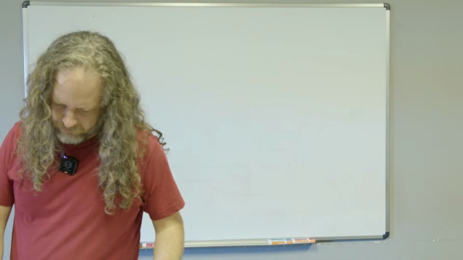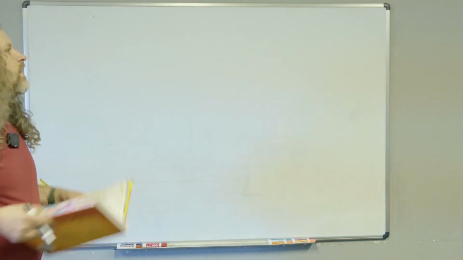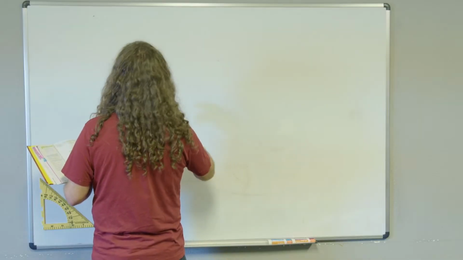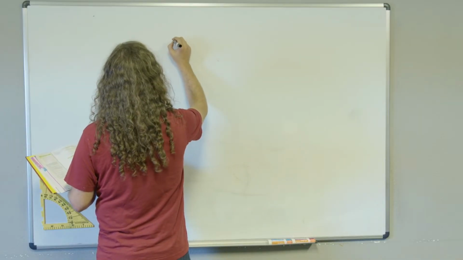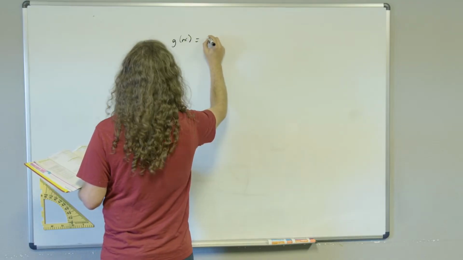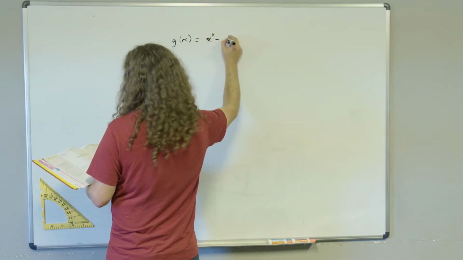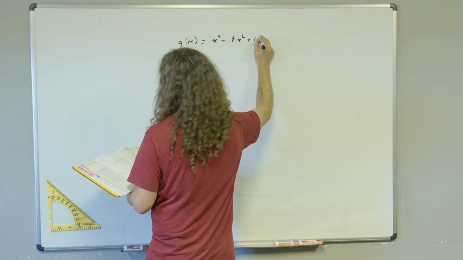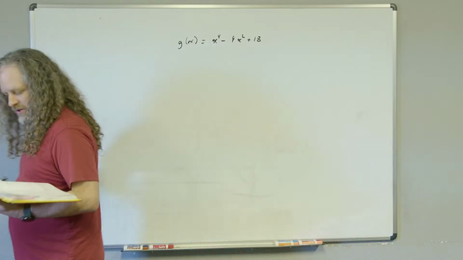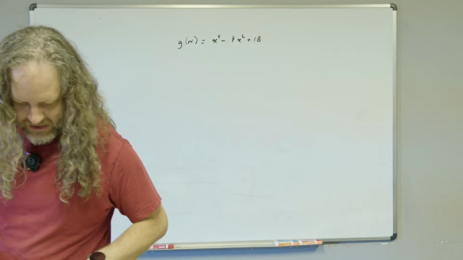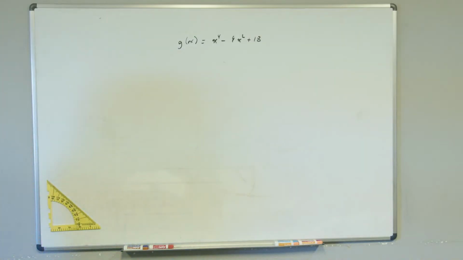Okay, so if I told you to state the number of possible real zeros of g of x equals x to the 4th minus 9x squared plus 18, and the number of possible turning points, and then determine the real zeros by factoring.